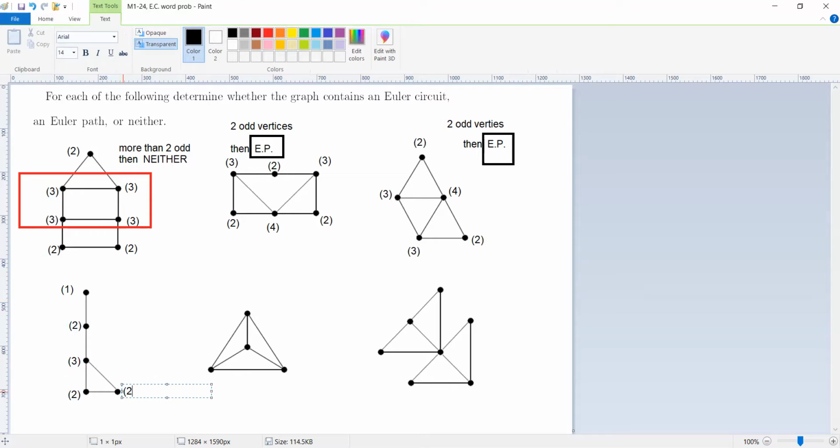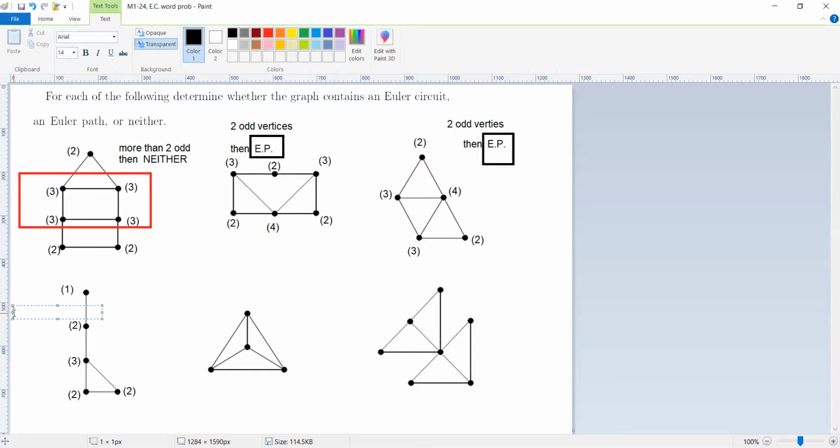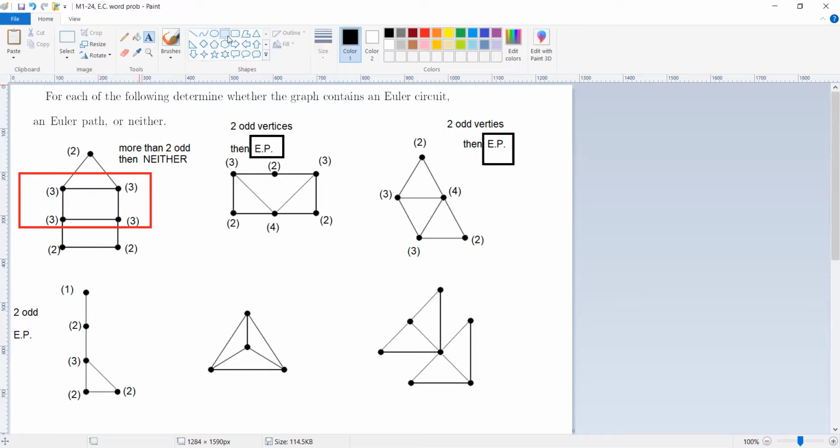I did it again, it's 2. 2 connections makes it degree 2. Okay, this one also has 2 odd vertices, so Euler path.